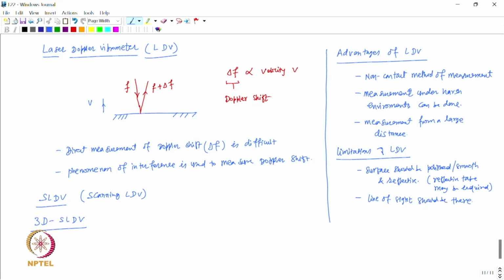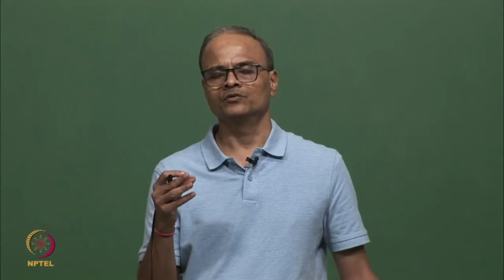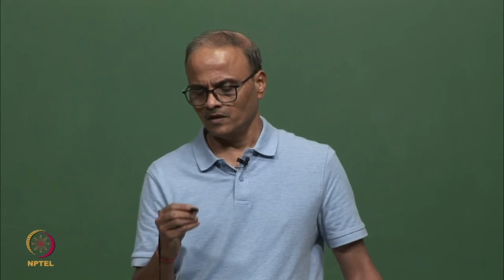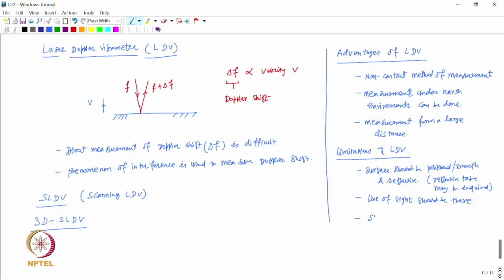If the point is not under the line of sight, then measurement cannot be taken. Then sometimes if the surface is rough, there is a lot of diffusion of the incident light, and that leads to noise in the signal. That is often referred to as speckle noise. So sometimes the measurement may not be very good because of the speckle noise.